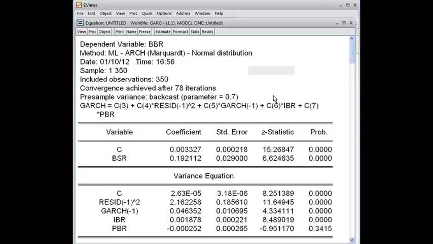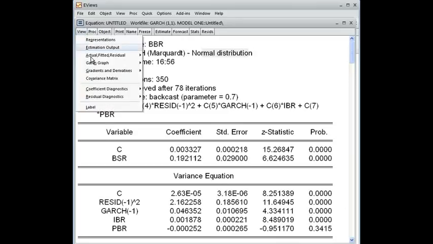When these three things are present, then the model is the best. First I check this model, with the normal distribution, for serial correlation. How to check? I go to View, then Residual Diagnostics, then Correlogram of Squared Residuals.